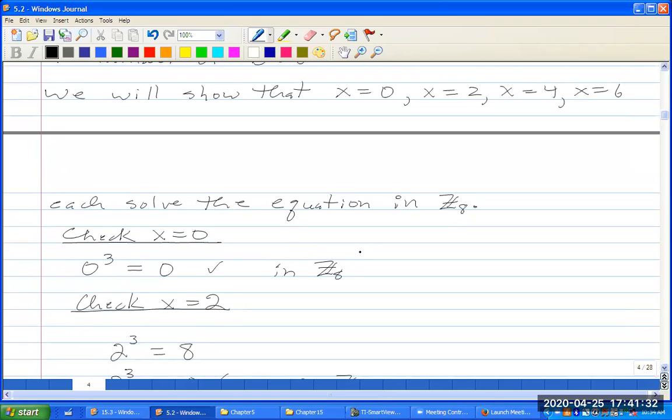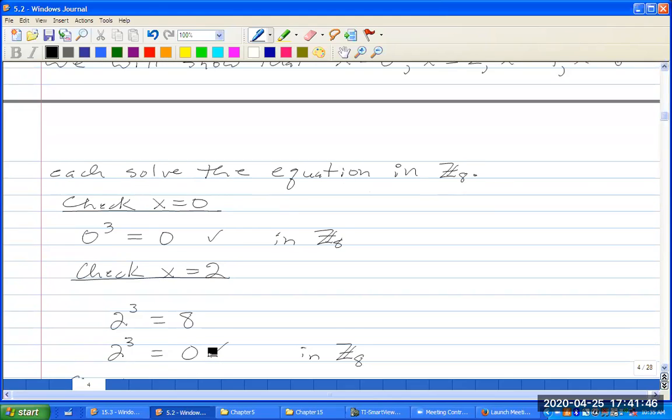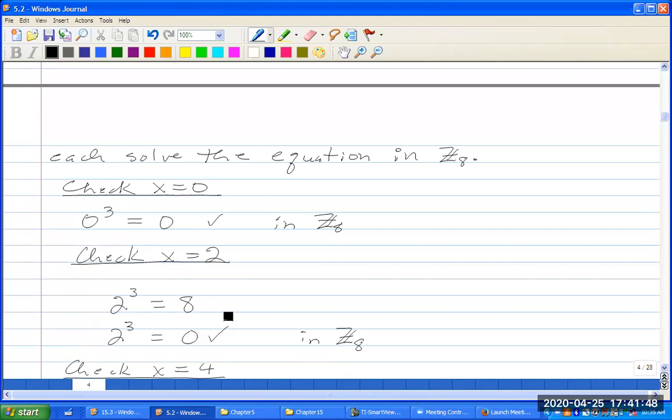Okay, so let's check. Well, 0 cubed is certainly 0. How about we check x equals 2? Well, 2 cubed is 8. 8 divided by 8 is 1 with the remainder of 0.